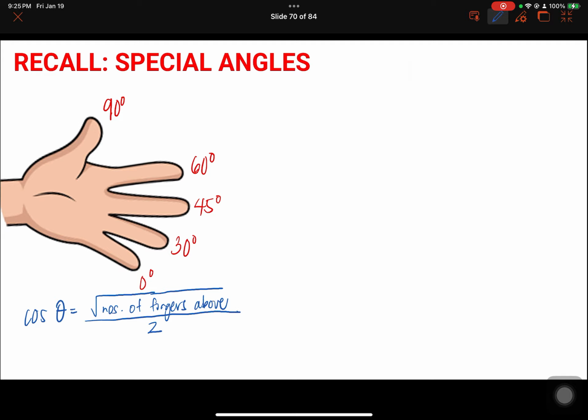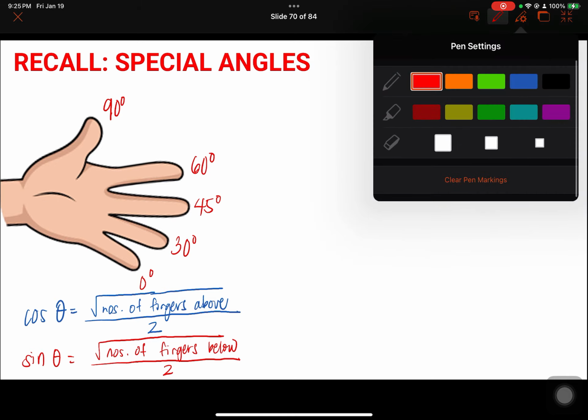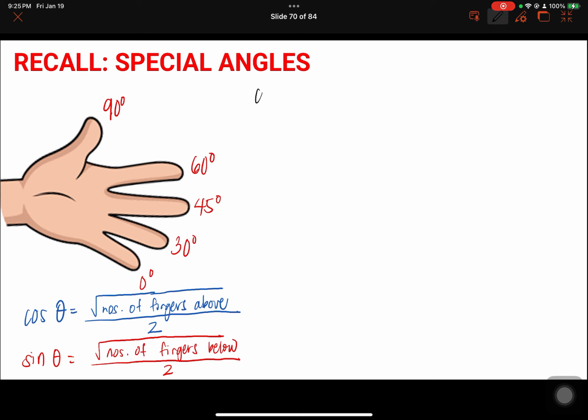Okay? Then kapag sine theta naman, square root of the number of fingers below, all over 2.